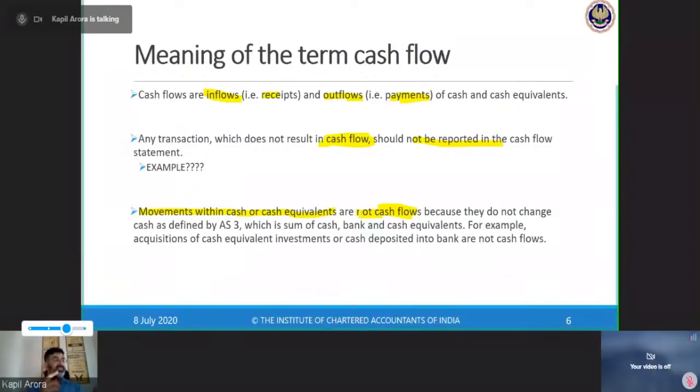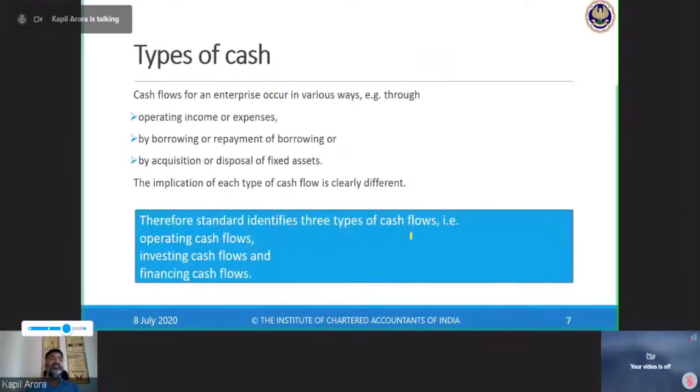As I mentioned earlier, cash and cash equivalents never fall under any of these three categories, so movement there will also not fall under them. Acquisition of a cash equivalent investment, cash deposited into the bank, all these will never have any impact on the cash flow statement, meaning operating, financing and investing.